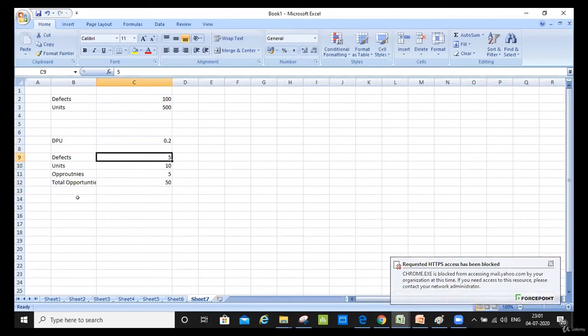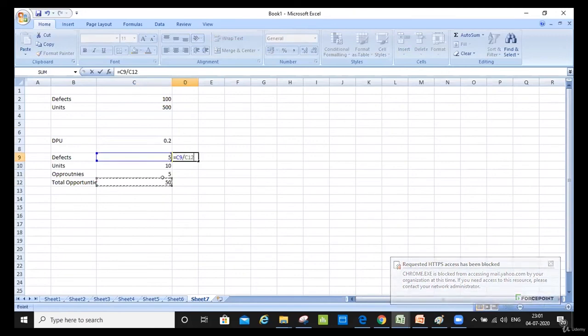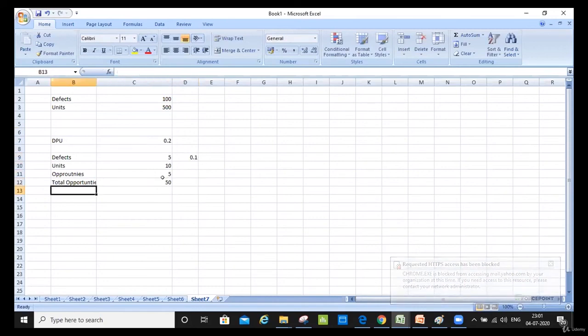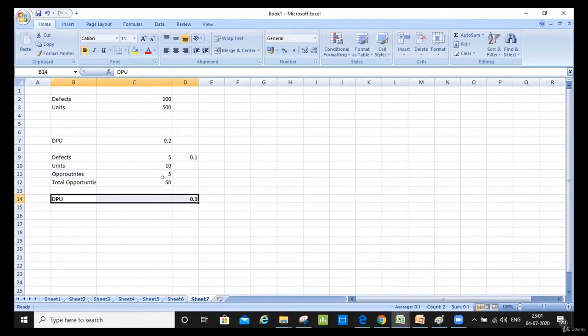So here if I want to calculate DPO, I will divide 5 by total opportunities. Here my DPO would be 0.1. So the difference here is that I didn't have any sort of opportunities in the first example. It is only pass or fail.